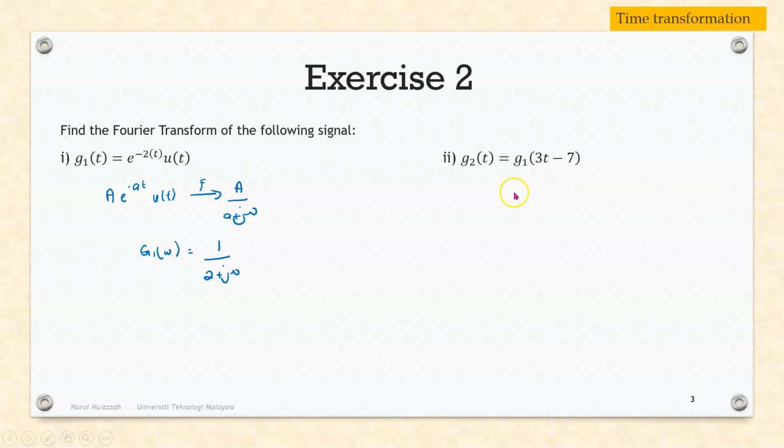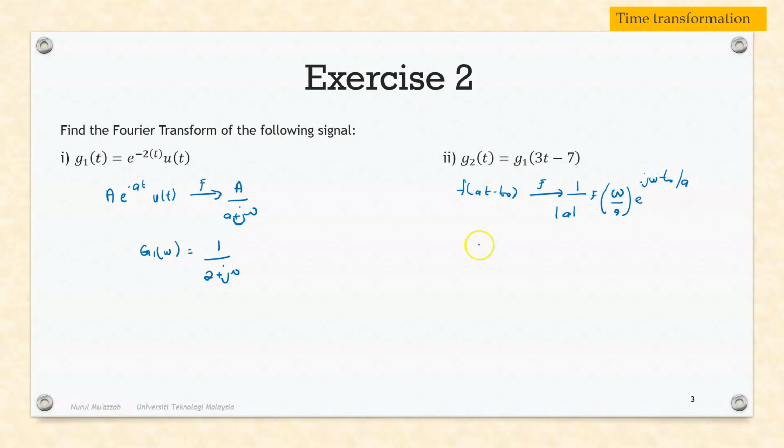So you use the time transformation property from the table, which is f(at - t0), and the Fourier pair here is 1 over the magnitude of a, F(omega divided by a), multiplied by e^(-j omega t0 divided by a).